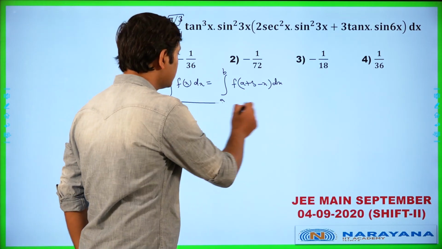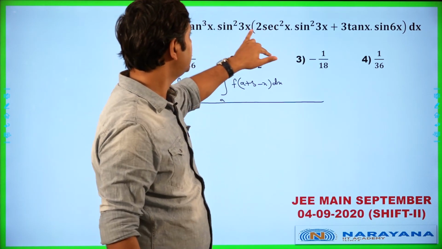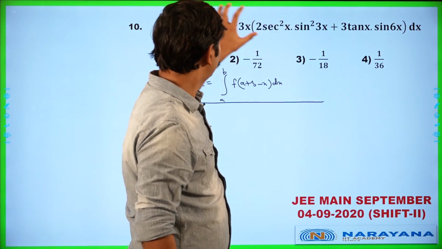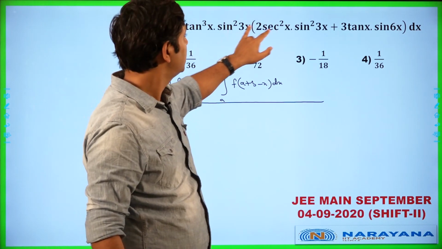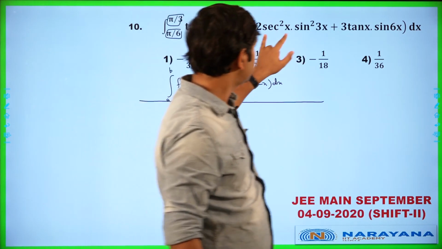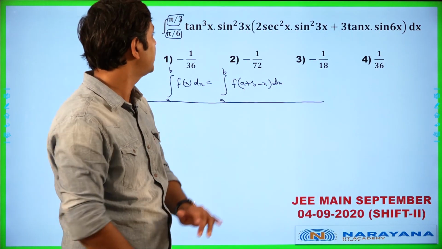Starting afresh, we should see that when tan cube x is getting differentiated, then sin square 3x is as it is, and when sin square 3x is getting differentiated, then tan cube x is as it is.